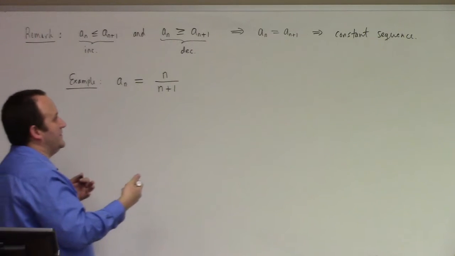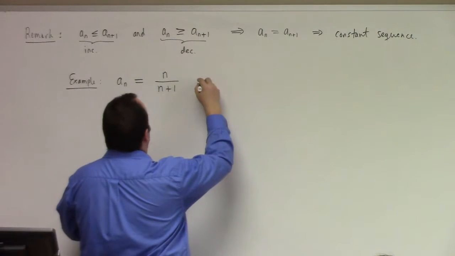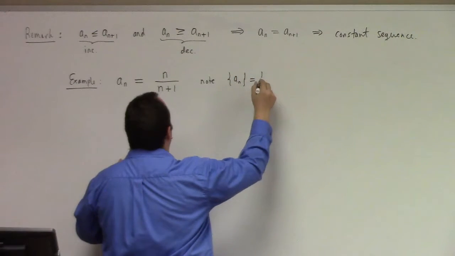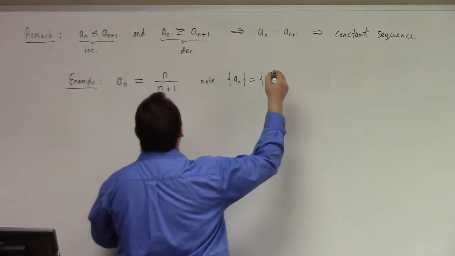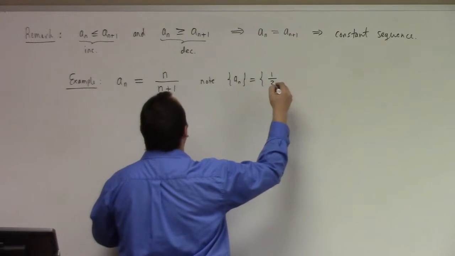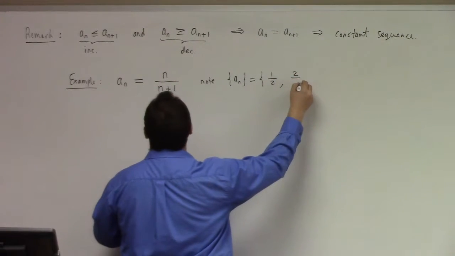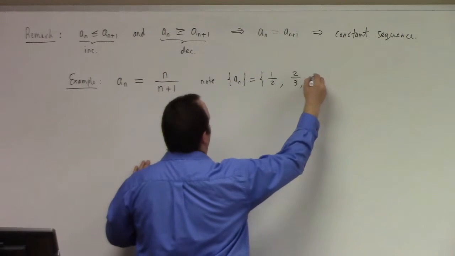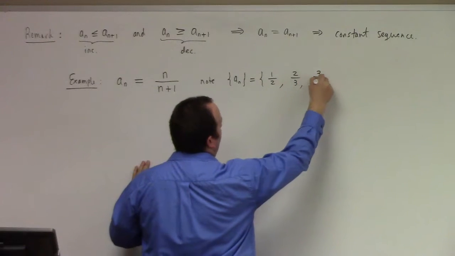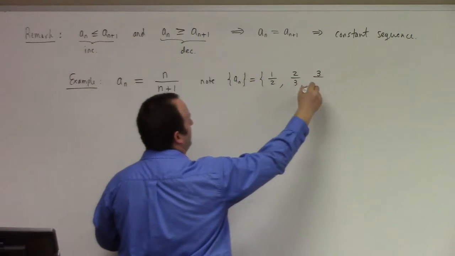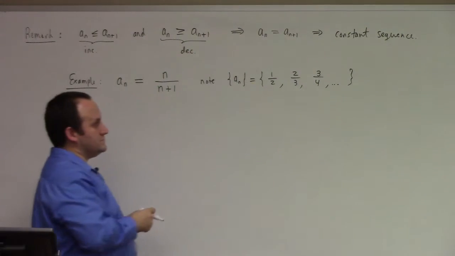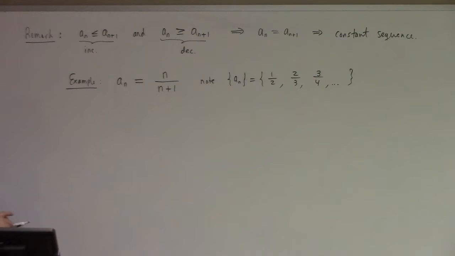The first thing I would do, and this isn't a proof, is note the range of the sequence. n equals 1 gives 1 over 2, n equals 2 gives 2 over 3, n equals 3 gives 3 over 4, and so forth. So it looks like we ought to be able to show that this is an increasing sequence.